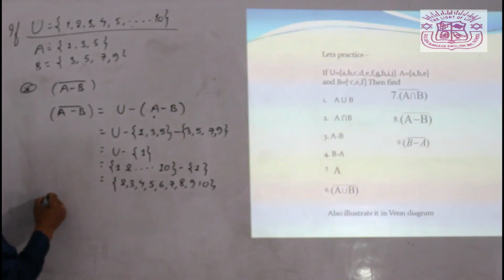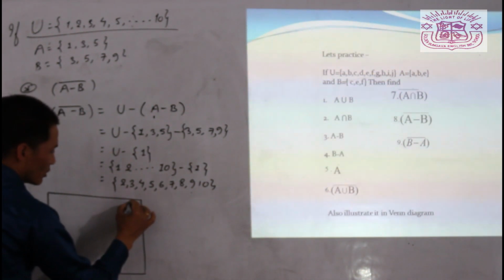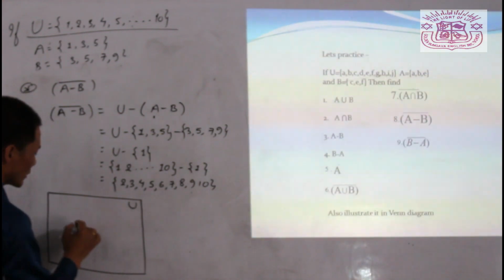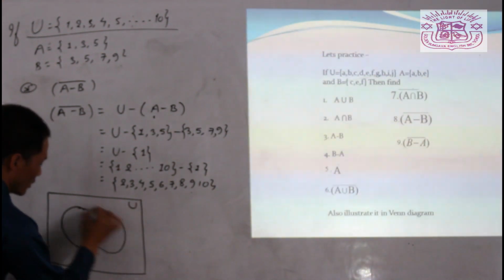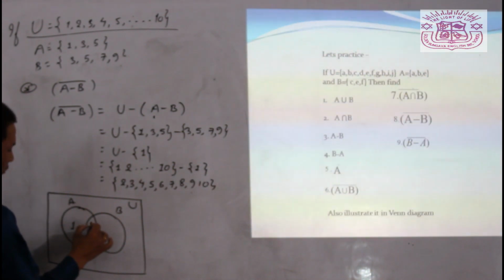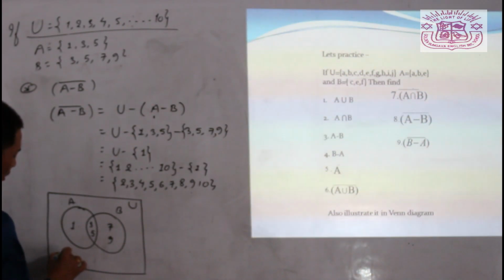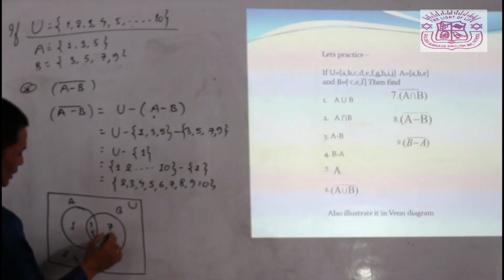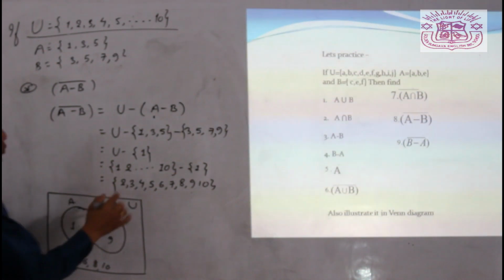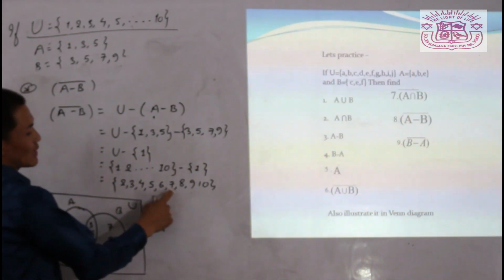So to represent it in a Venn diagram, what do we do? Make a rectangle. U, don't forget to write this universal set. A, B, elements 1, 3, 5, and then 7, 9, 2, 4, 6, 8, 10. And where do we make the shadow now? We make the shadow where there is 2, 3, 4, 5, 6, 7, 8, 9, 10.